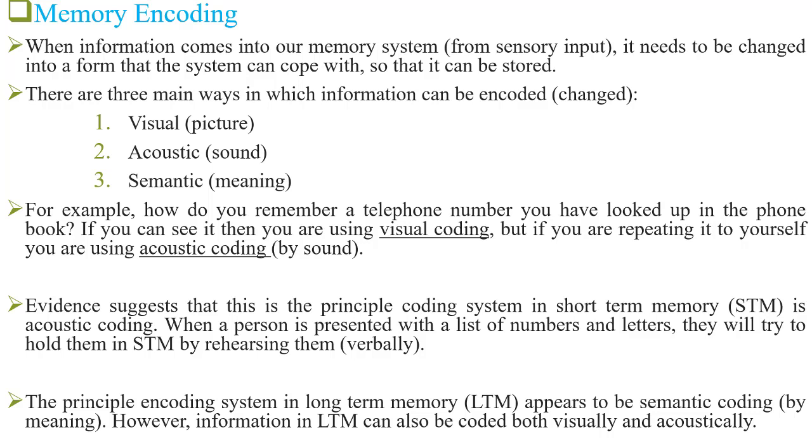The principal encoding system in long-term memory, LTM, appears to be semantic coding, by meaning. However, information in long-term memory can also be coded both visually and acoustically.